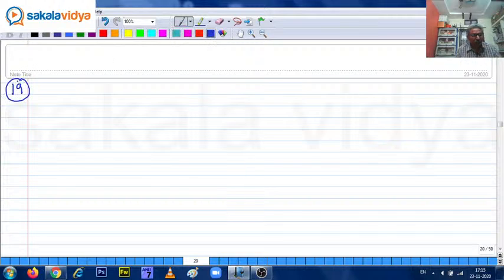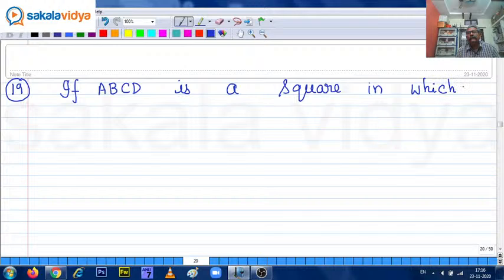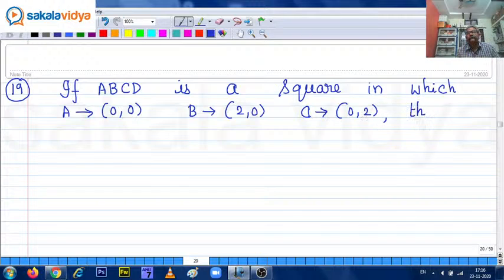Nineteenth question. If ABCD is a square in which A is 0 comma 0, B is 2 comma 0, and D is 0 comma 2, then the coordinates of C are.